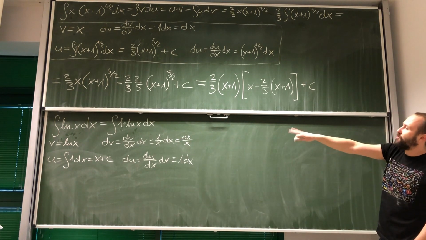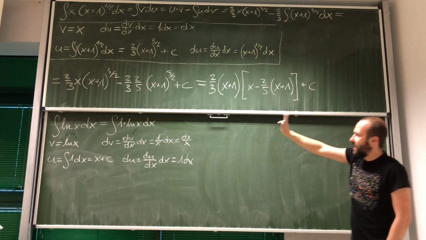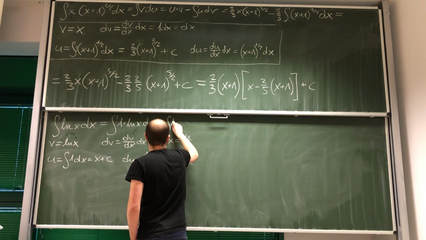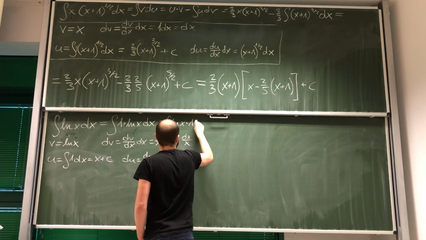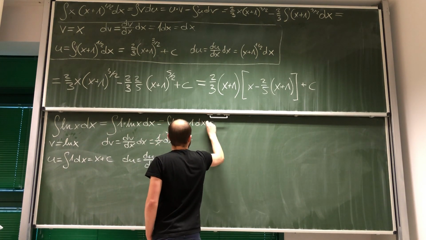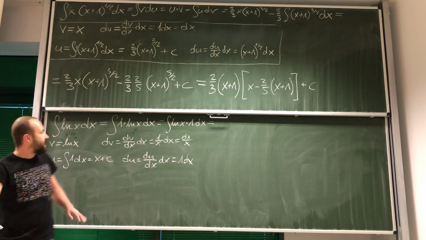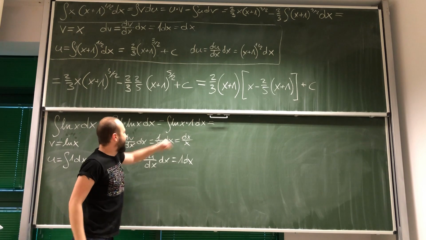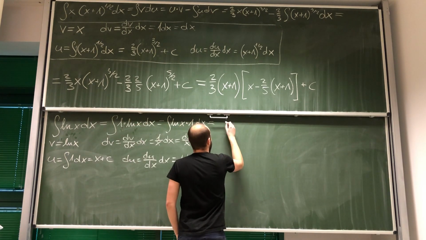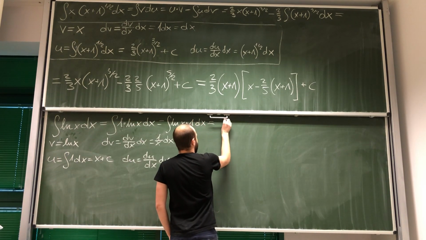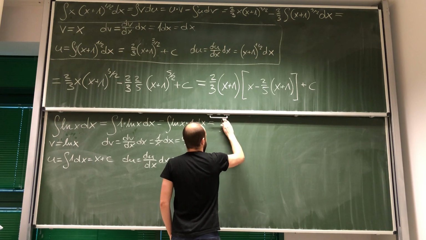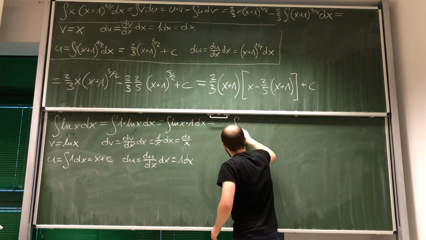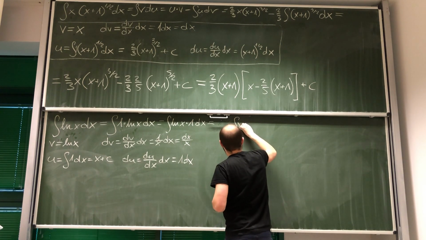Okay, just to make things more clear, I'm going to change one thing here, the order, which of course is irrelevant. And look, now I can start substitution. Instead of ln x, I'm going to write v.